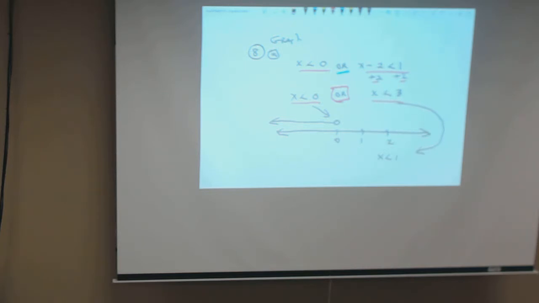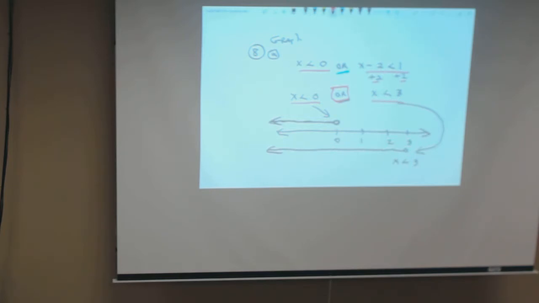So here's x is less than 0. And here's x is less than 3. And what would be or?